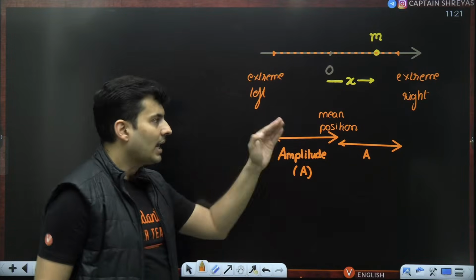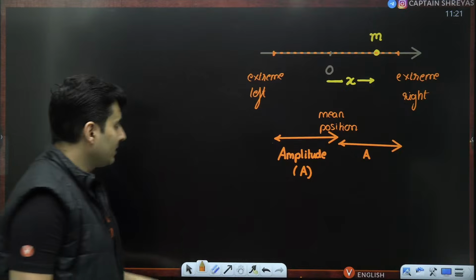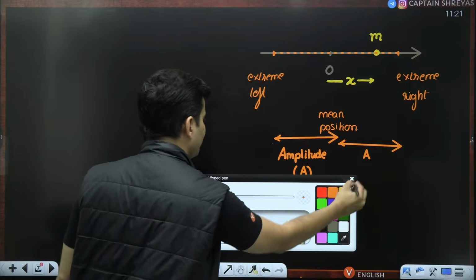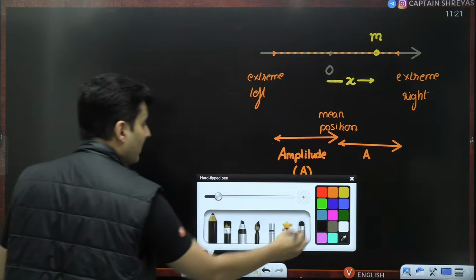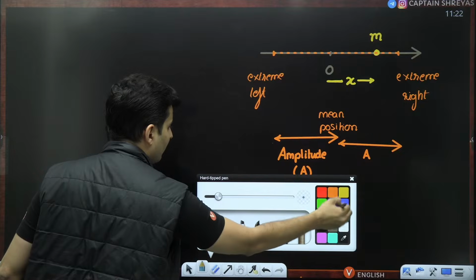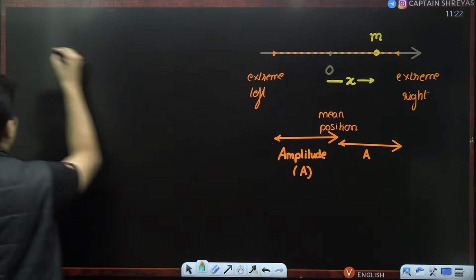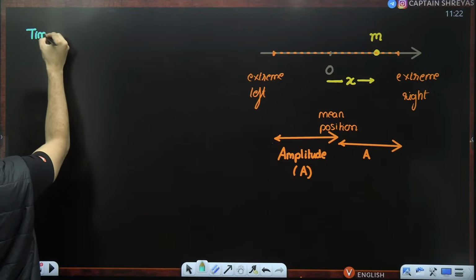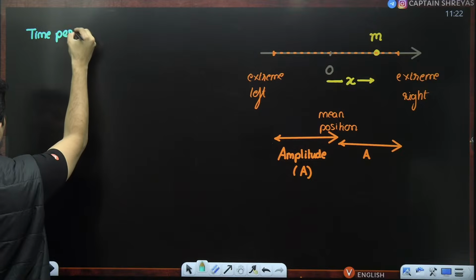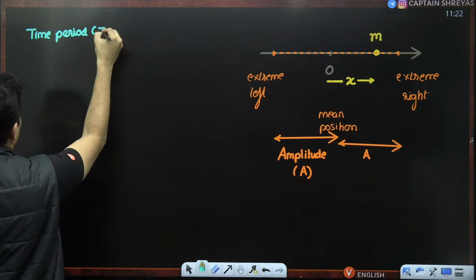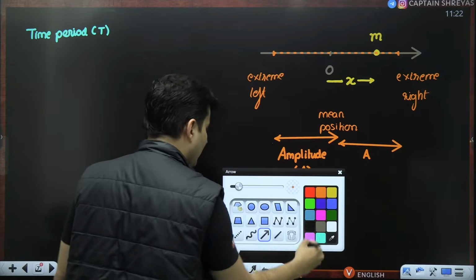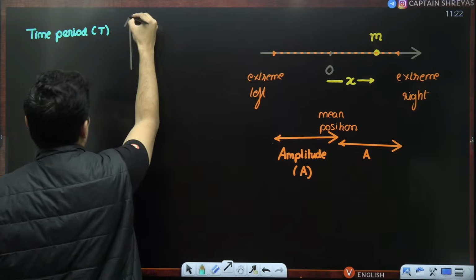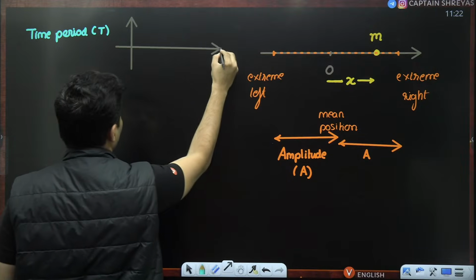That is your amplitude. The next terminology that you need to know is the time period, which is basically T. Graphically speaking, I have already shown you how the graph looks for this.